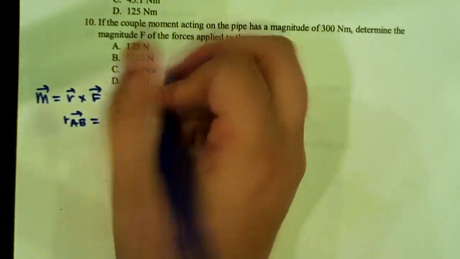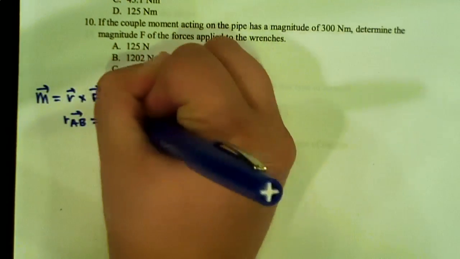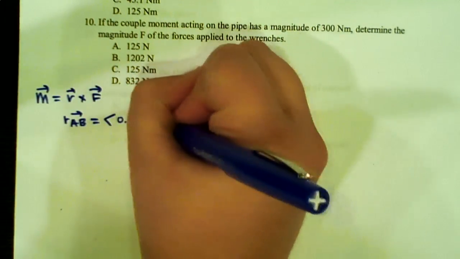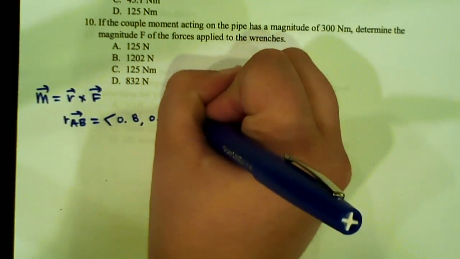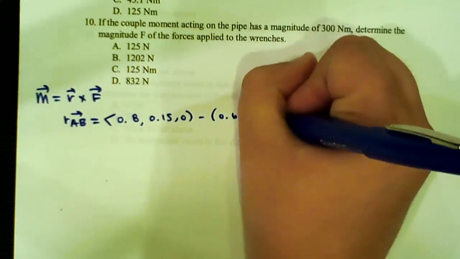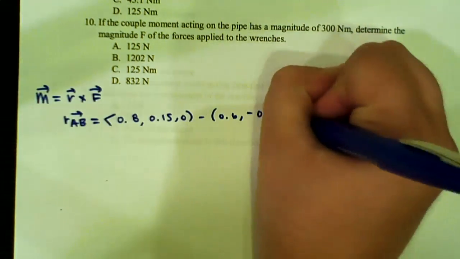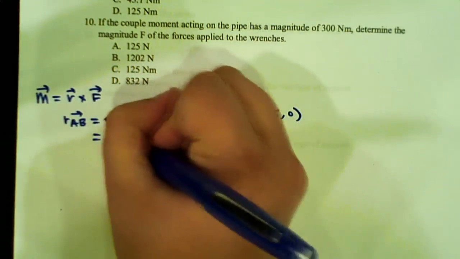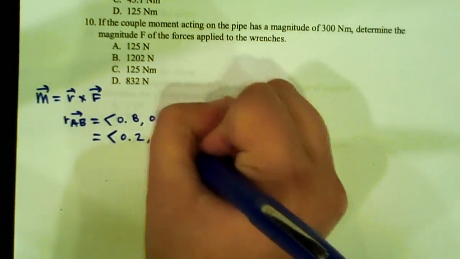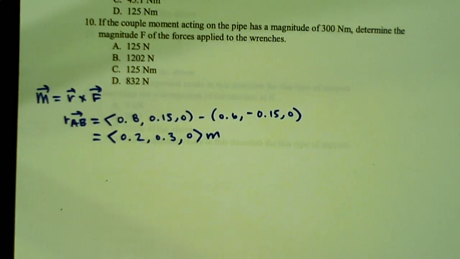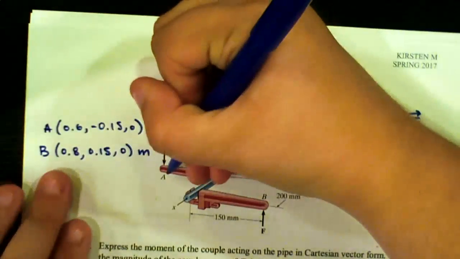So R is going to be 0.8, 0.15, 0, minus 0.6, negative 0.15, 0, which is going to give us the vector 0.2, 0.3, and then 0 meters. So that's the position vector between our two forces here.